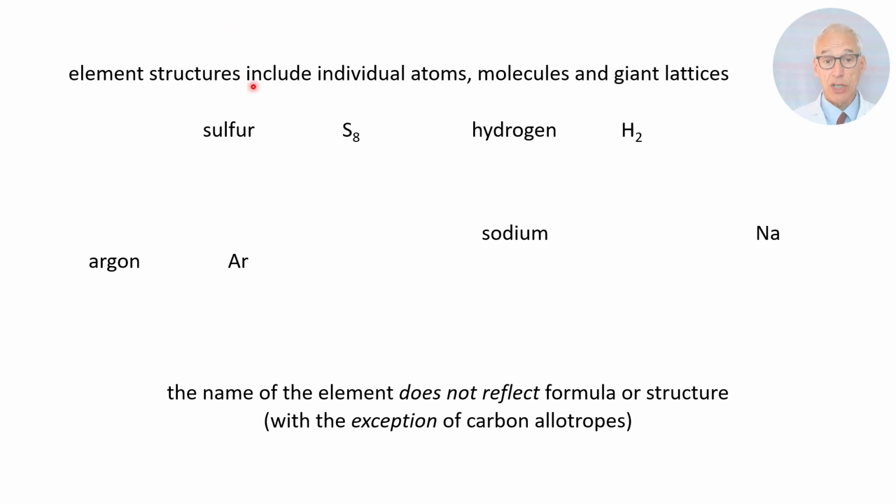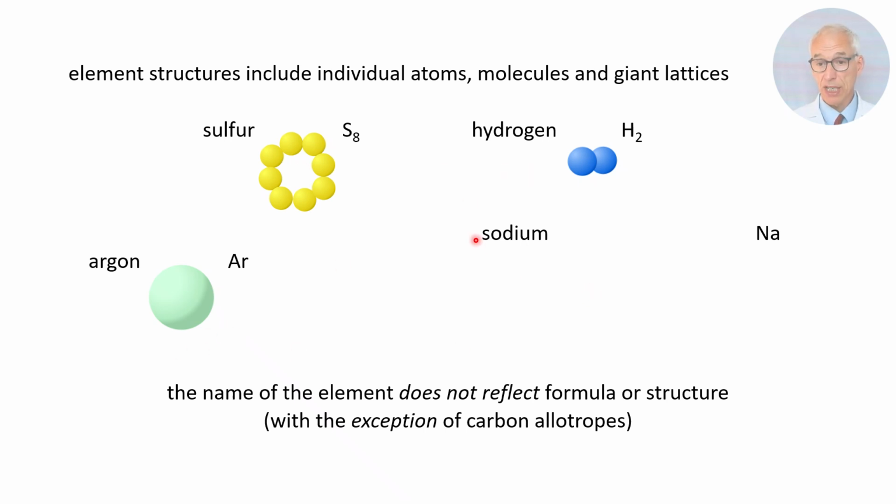So element structures include individual atoms, molecules, and giant lattices. However, the name of the element does not reflect formula or structure. So, for example, argon, elemental atoms; sulfur, a molecule of 8 sulfur atoms; hydrogen, a molecule of 2 hydrogen atoms; just called sulfur, hydrogen, and argon.